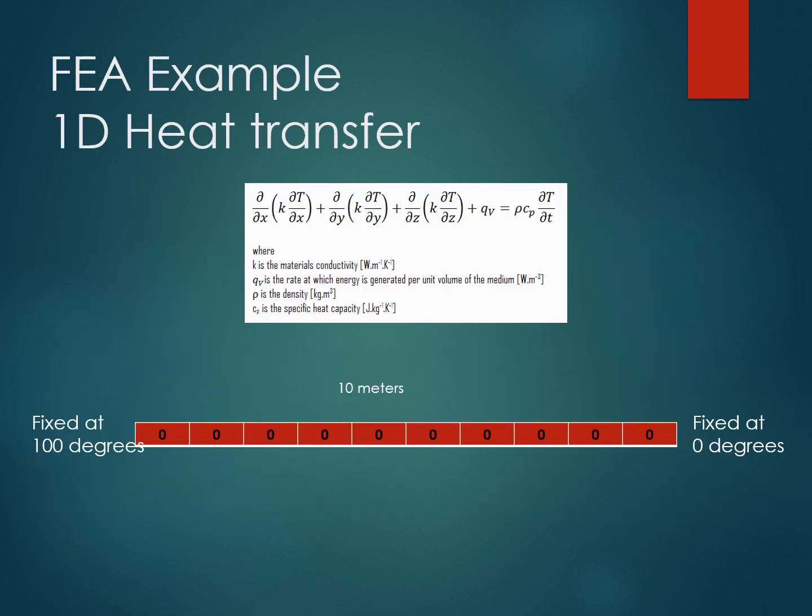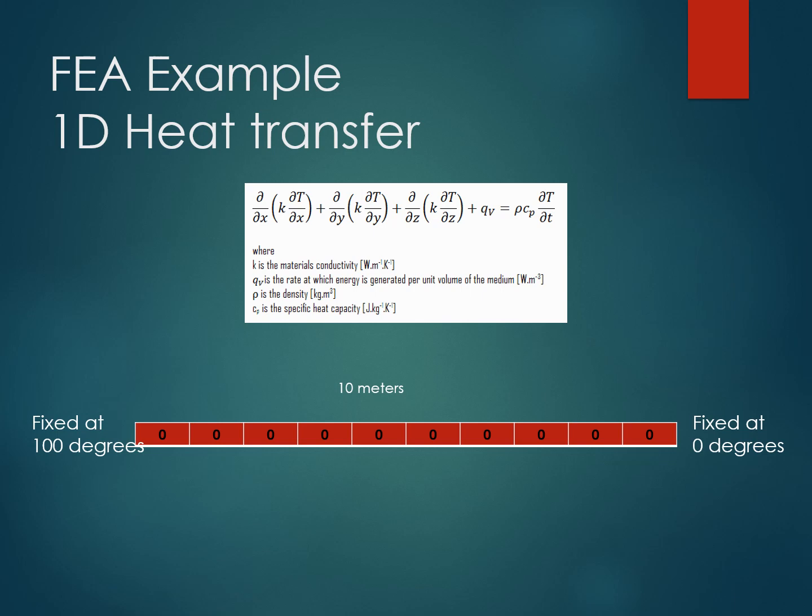Now let's take a look at how we would transform these partial differential equations into a form that the computer can understand and use. And let's go through the process by hand of what the computer is doing to calculate our end results. So here we'll look at a one-dimensional example of heat transfer.